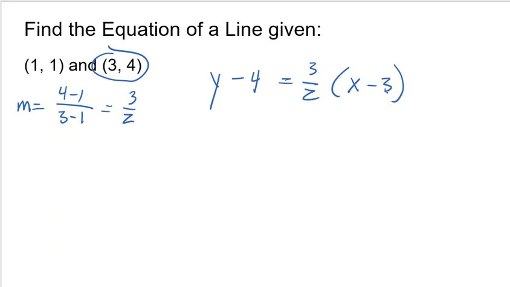Don't change anything. Now, if you're asked to go to slope-intercept form, well, yeah, you've got to do a little bit of distributing. Yeah, you've got to add the 4. It's not that hard. In fact, I'll do it real quick just because I love you. So let's see. I've got y minus 4 equals 3/2 x minus, let's see here, 3/2 times negative 3 is minus 9/2.